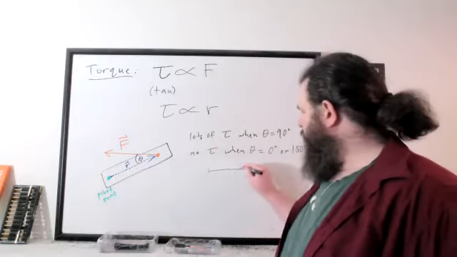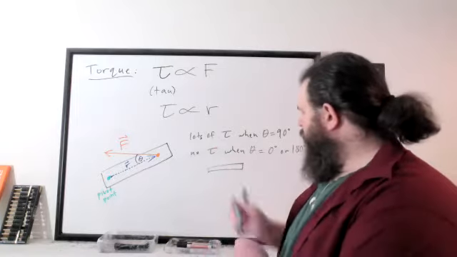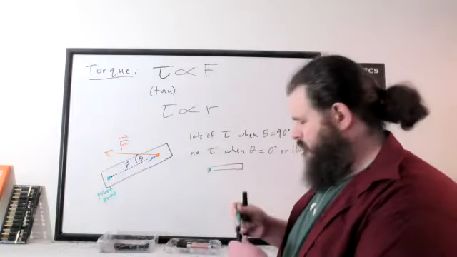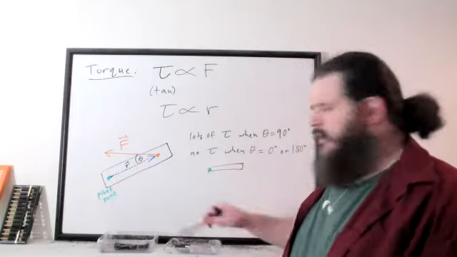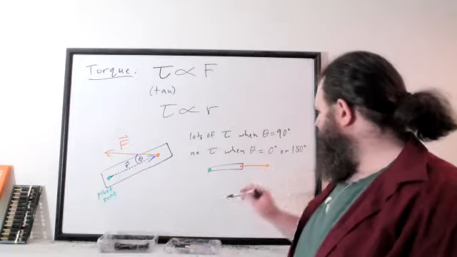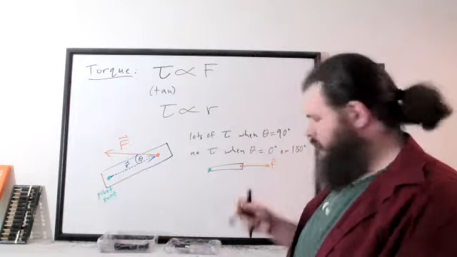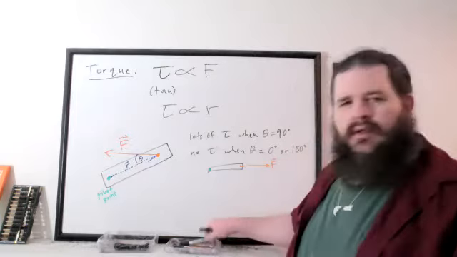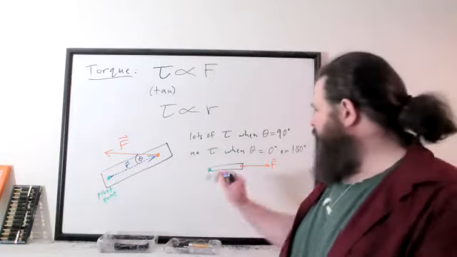Like if you've got this object with a pivot point, if your force is directly away from the pivot point, then your radius vector and your force vector are parallel.